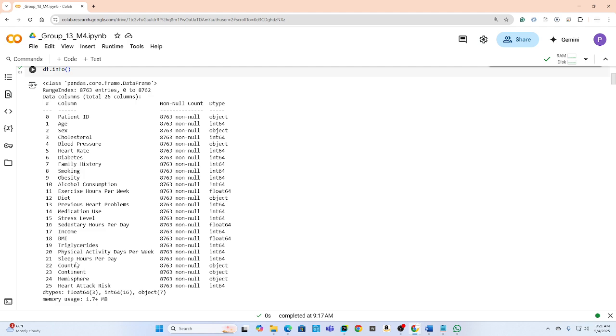First, we performed extensive data cleaning. We renamed long column names for readability, and we removed irrelevant columns such as country, continent, and hemisphere, based on analytics that we are going to drill into later, as they do not directly influence heart health in a medically meaningful way.